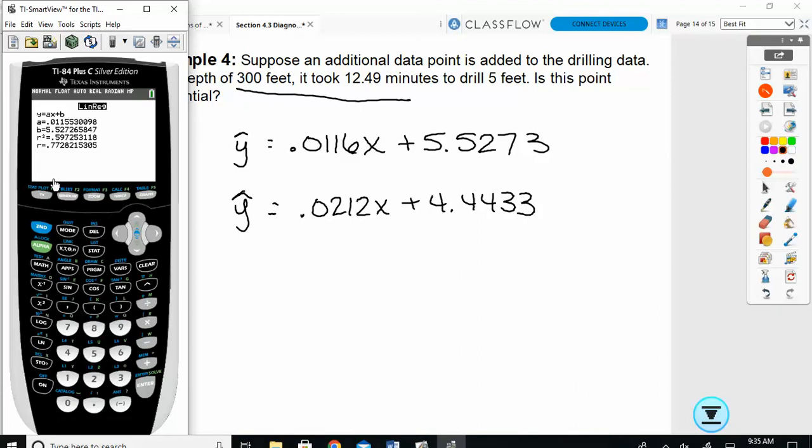If you go to your y equals, you could graph both of these two lines and see how far apart they are. And that might be a little bit easier than just trying to look at the equations themselves. You'll want to make sure you turn off your stat plot when you graph these so that you can actually get a clear picture of the lines.